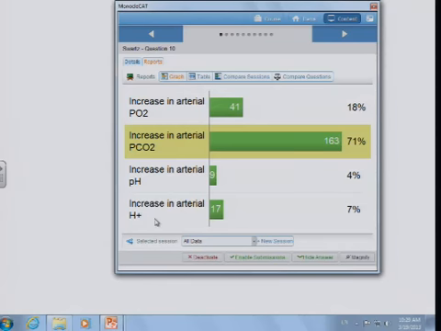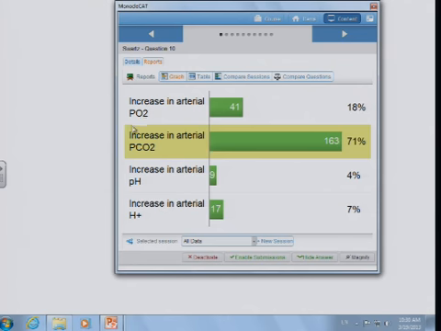However, if we talk about the central chemoreceptors, what does arterial hydrogen ion do to affect the central chemoreceptor? Nothing. Remember, hydrogen ion is impermeable to the blood-brain barrier. Therefore, hydrogen ion does not affect the central chemoreceptor and only has a slight effect on the peripheral chemoreceptor.